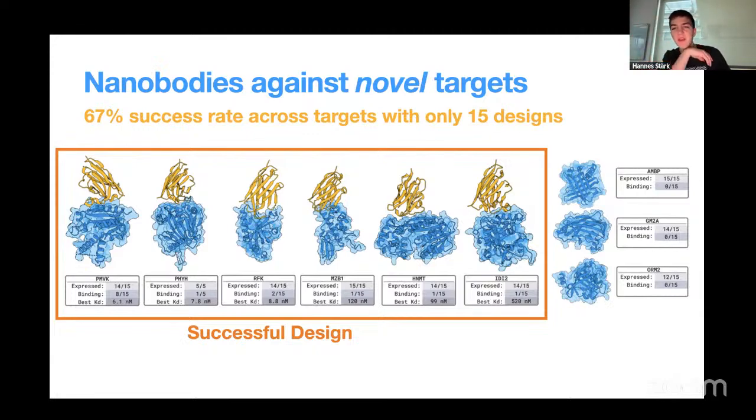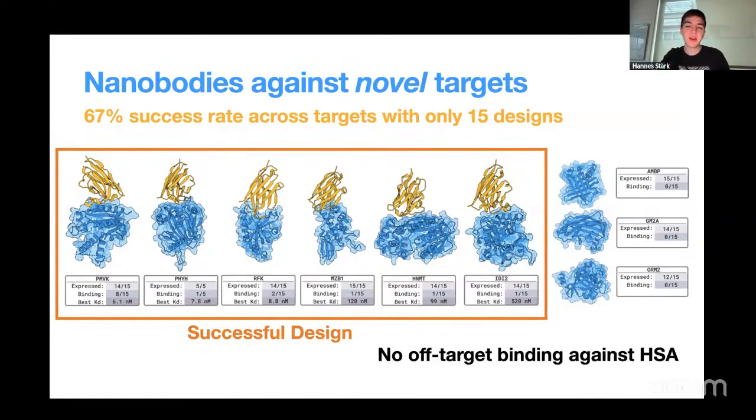In comparison, if we look at RF diffusion antibodies, for example, they have targets that are in the training data with existing bound structures, and then they test 9,000 designs instead of testing 15, and then obtain, in 2 cases, micromolar binders, so 1,000 times weaker than what we see here. And in one case, they also obtain nanomolar binders.